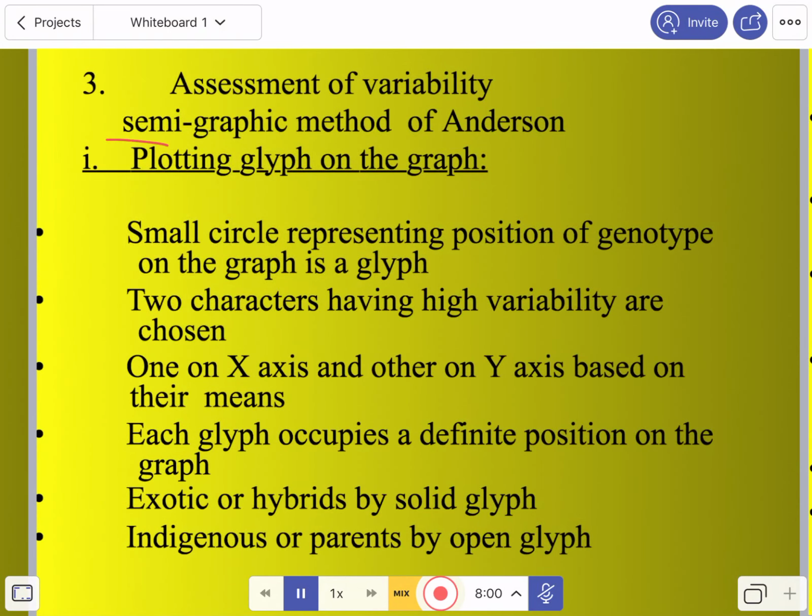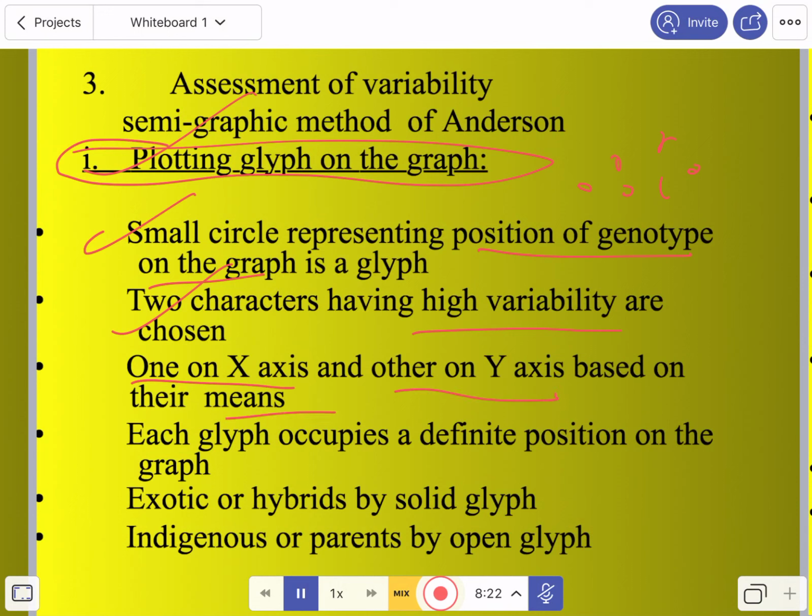Now Metroglyph analysis is based on three main steps. The first one is plotting glyphs on the graph. In this step, small circles representing the position of a genotype on the graph are called glyphs. Two characters having high variability are chosen, one on the x-axis and the other character on the y-axis, based on their mean values.